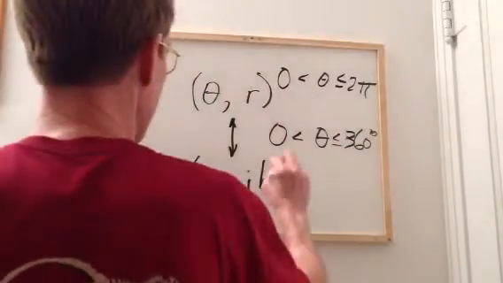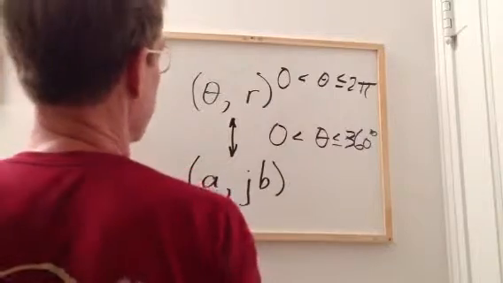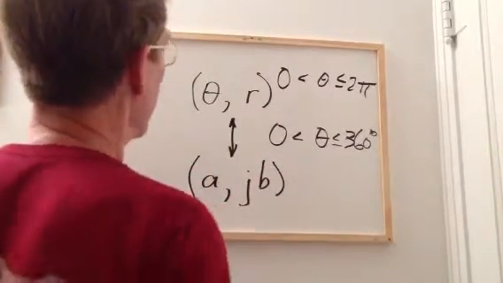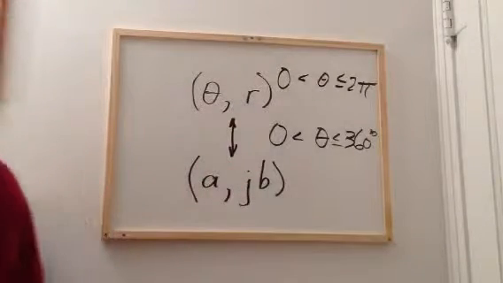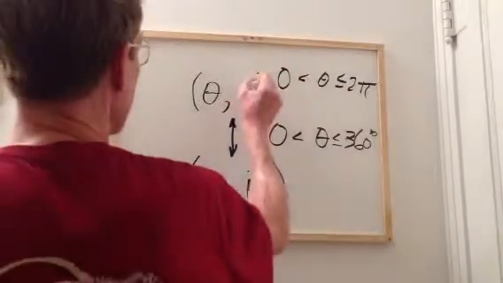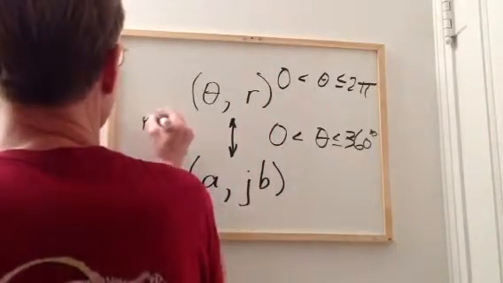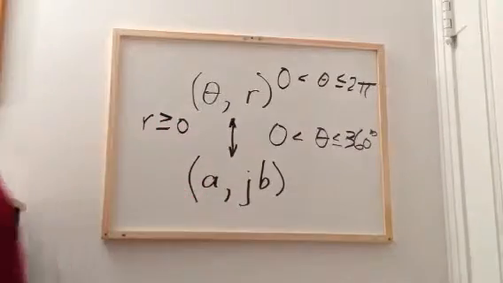So what we're saying is that the angle is more than 0, but less than a full circle. We generally do not want to go into negative angles, and we don't want to go around the circle more than once. If we do that, we ruin the one-to-one correspondence. Similarly, the radius values must always be non-negative.